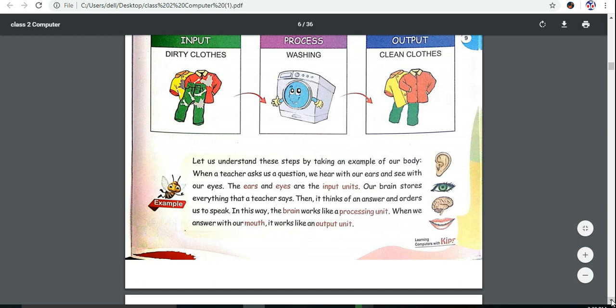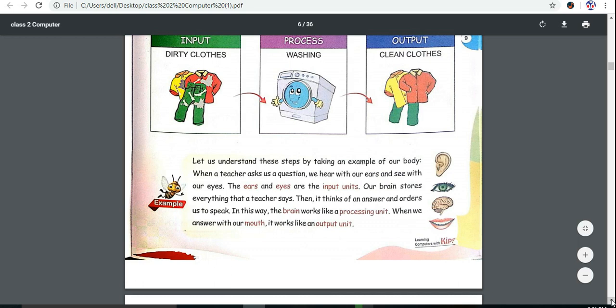Will you get the input? No. Will you get the output? No. Will your mind analyze the answer? Will it process whatever input you are getting? No. If you are not getting the input, how will it work?